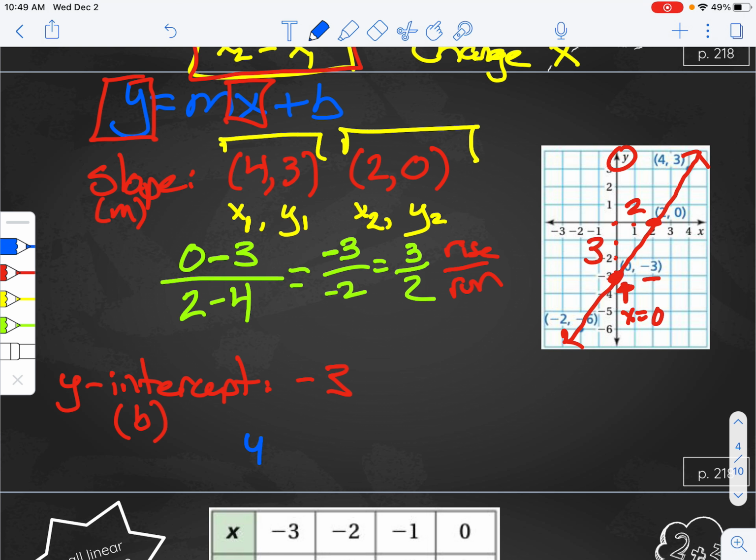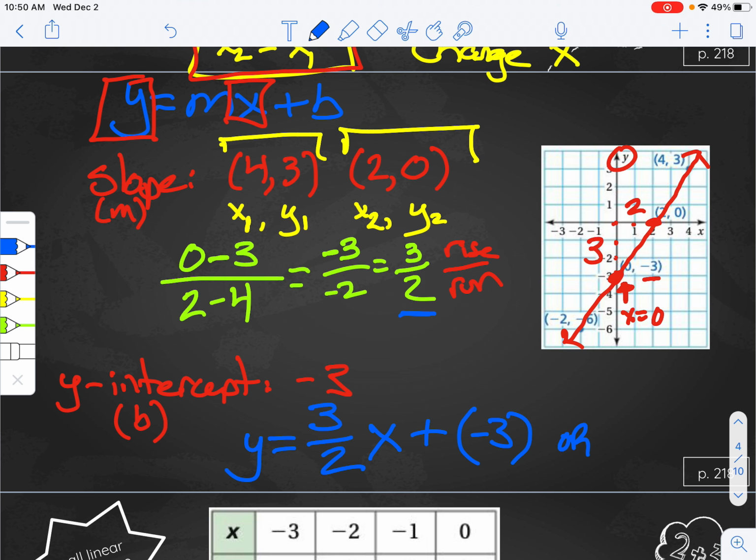So if we put this whole thing together, if we are writing our line, we know we keep y as a variable. We have our m value, which we found, that's our slope. We have that right up here, 3 over 2. X stays a variable. And then our y-intercept plus a negative 3.